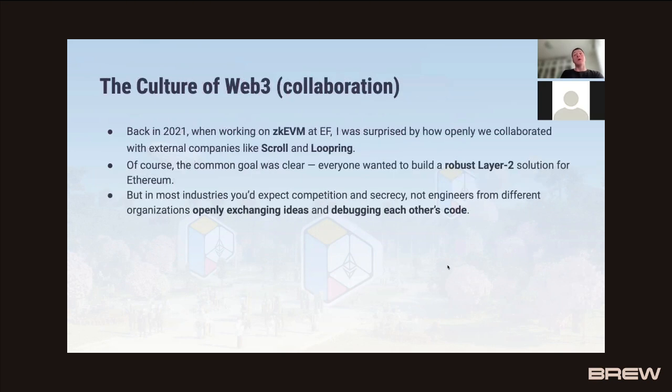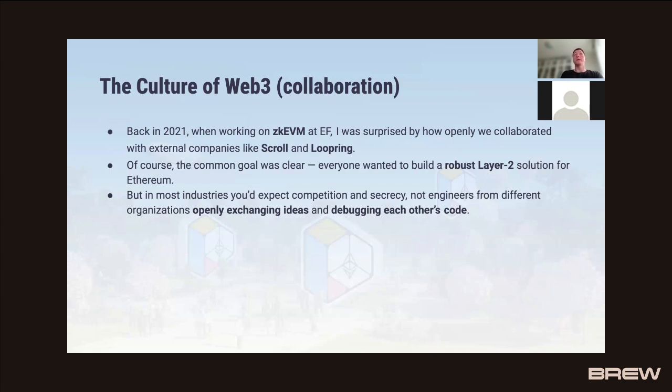And I think what was also very important for the adoption of zero knowledge proofs in Web3 was the culture and the openness. Just as an anecdote, about 5 years ago, when I was working on zkEVM at the Ethereum Foundation, I was surprised by how openly we collaborated with external companies like StarkWare and Ukraine.